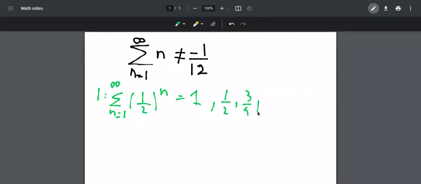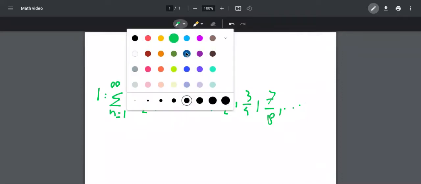Then the third term of the partial sum would be 3 fourths plus 1 over 8, so it would be 7 over 8. And so on. We can actually write a formula for the partial sum.